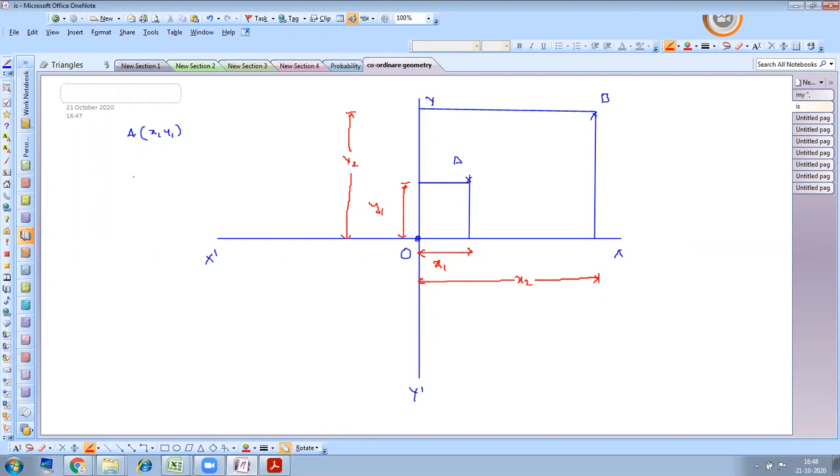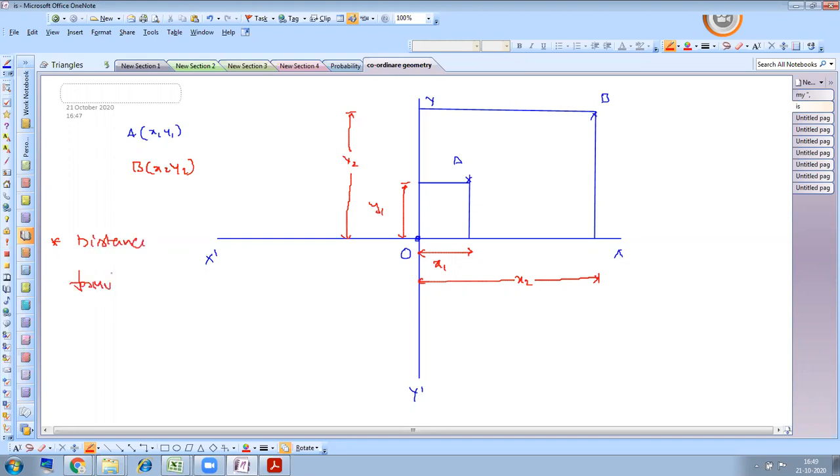Now, suppose an object is at A initially and after some time it has moved to B. How do we calculate the distance traveled by the object from A to B? Here we are going to use the distance formula. It may be any location, so I can't use a particular method.